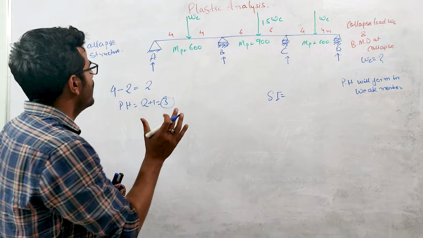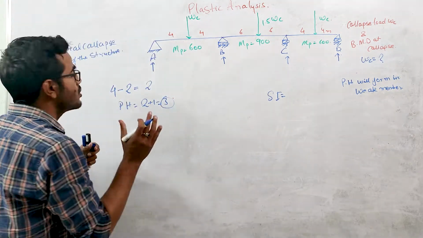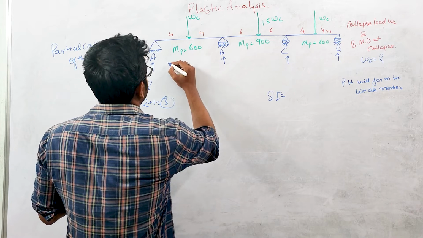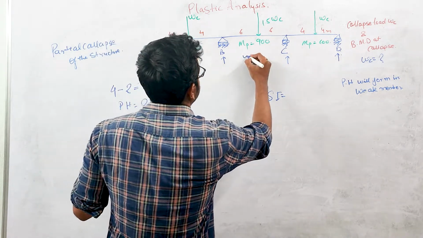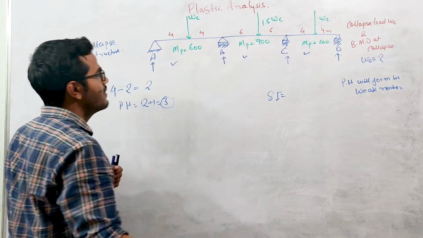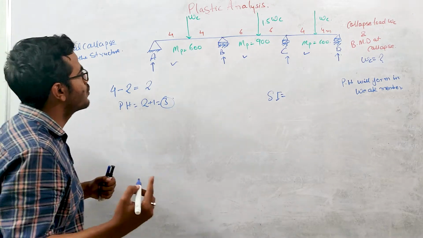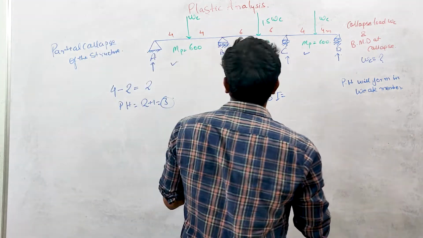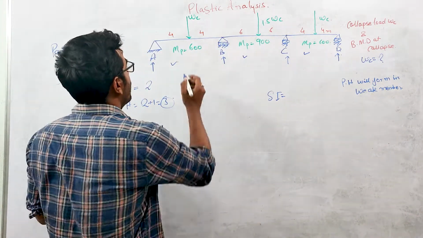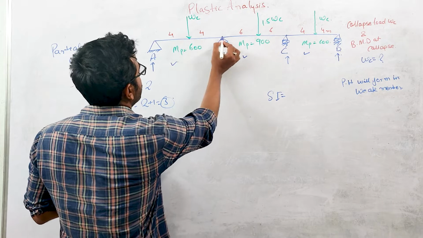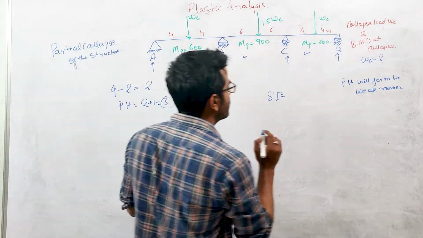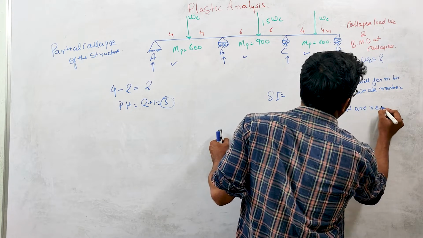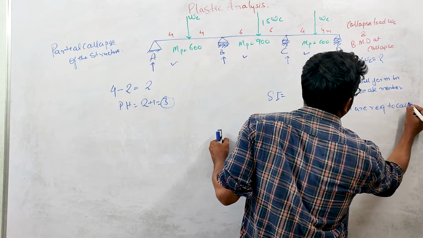But if you consider the partial collapse of the structure, it means that either the beam will collapse for this AB portion, or for this BC portion, or for this CD portion. Let us suppose the collapse is taking place in AB. How many plastic hinges are required? One plastic hinge at this point, and one at this point. So two plastic hinges are required to collapse the AB portion. Through the formula the total hinges required are 3, but for the partial collapse of the structure only 2 plastic hinges are required.